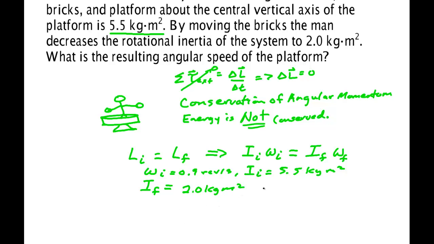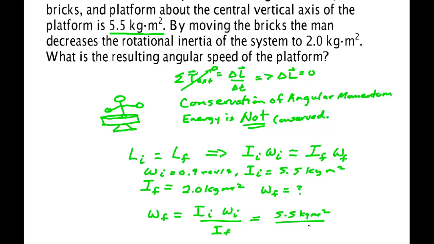And then it asks, what is the final angular speed? Well, omega f is equal to the initial moment of inertia times the original angular speed divided by the final moment of inertia. This is 5.5 kilogram meter squared divided by 2.0 kilogram meter squared, and then multiply all of that by 0.9 revolutions per second.